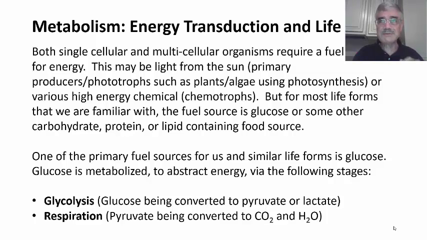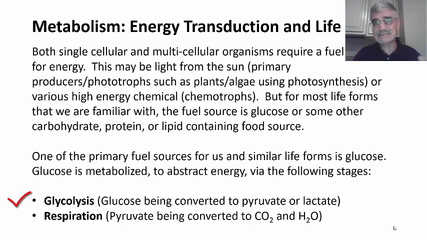How is glucose metabolized to obtain energy? We will see that there are two significant stages to the metabolism of glucose. The first stage we call glycolysis, which brings glucose to a molecule called either pyruvate or lactate.